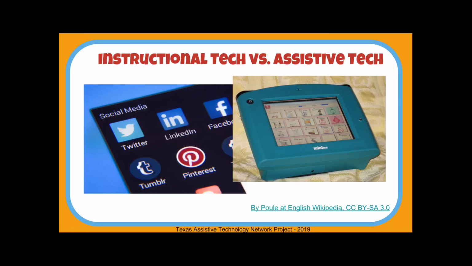However, there are some students who use a specific communication device such as LAMP Words for Life on an iPad, or an Accent 800 device from PRC. In this case, without the device, the student is not able to communicate as well. In that case, it's assistive technology.